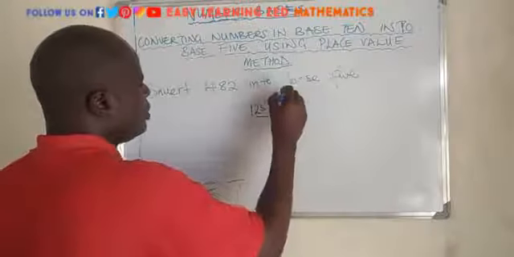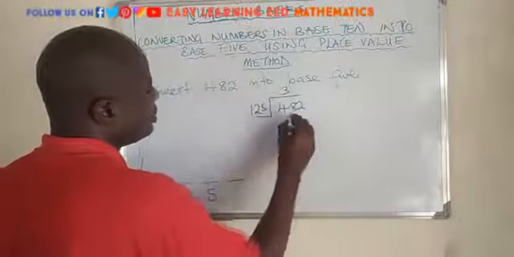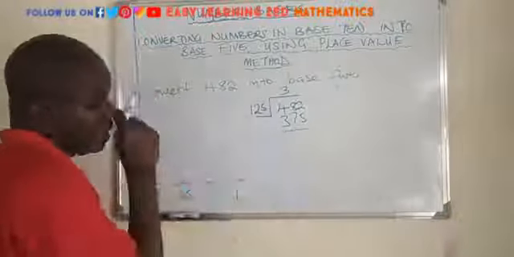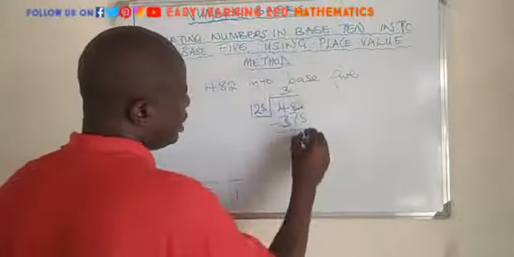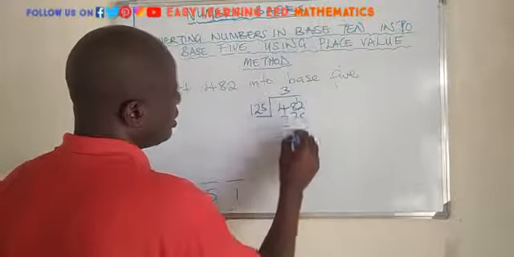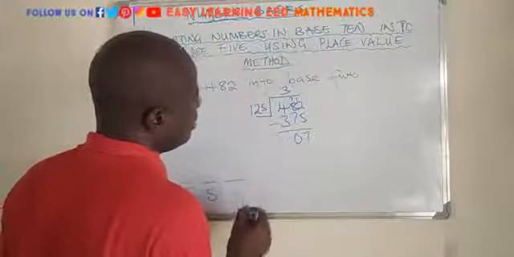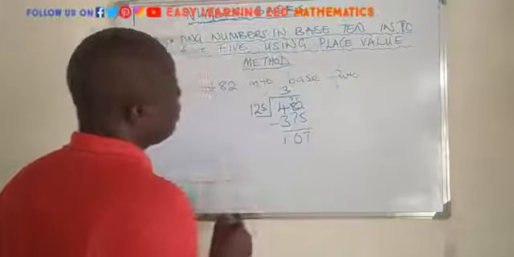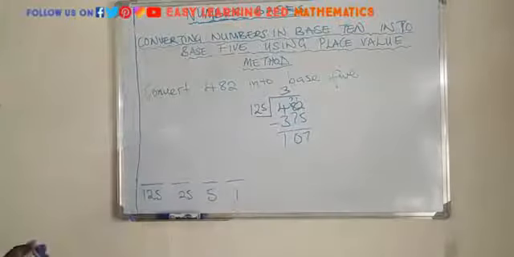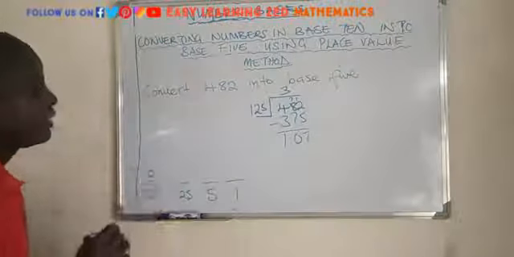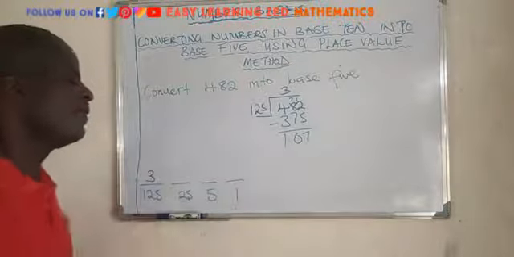I presume 3 times. 3 times 125 is 375. Minus: 2 minus 5 we borrow 1, and we remain with 107. So it goes 3 times, and the remainder is 107.